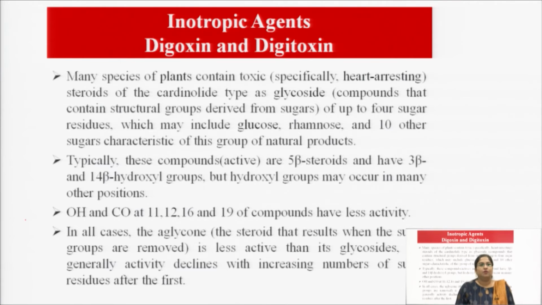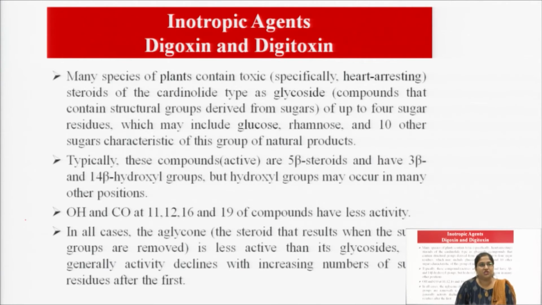But typically, the hydroxyl groups responsible for the activity of digoxin and digitoxin are that they are 5 beta steroids that have 3 beta and 14 beta hydroxyl groups. Hydroxyl groups at these specific positions are responsible for the activity.